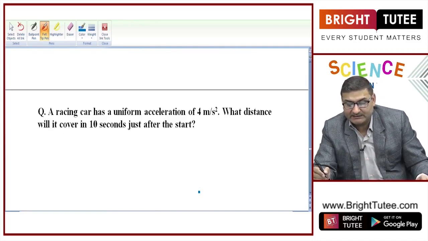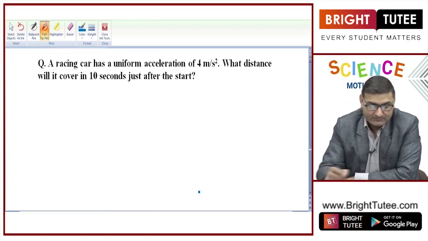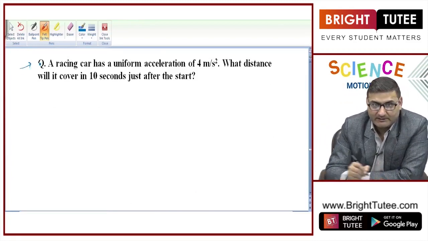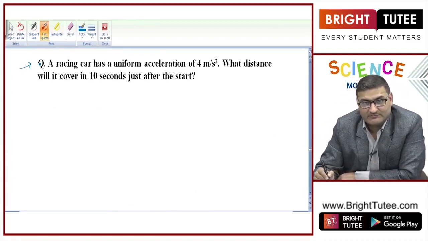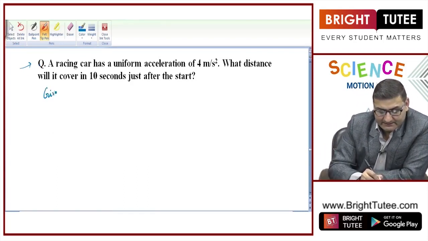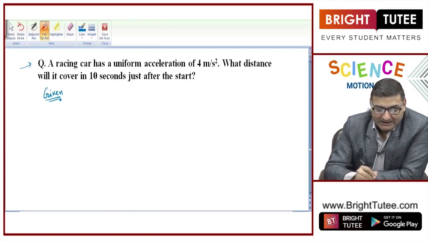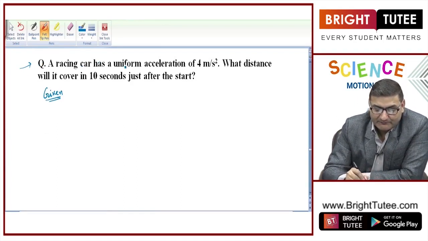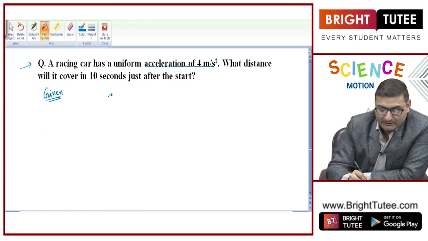So, your wish has been granted, and the next question is not based on the first equation of motion. Alright, let us see what exactly is given to us. A racing car has a uniform acceleration of 4 meter per second square.